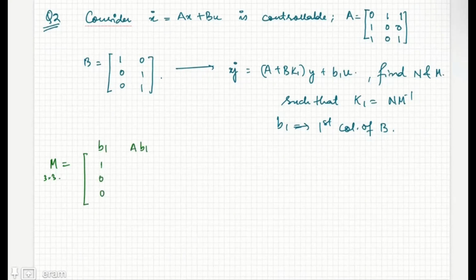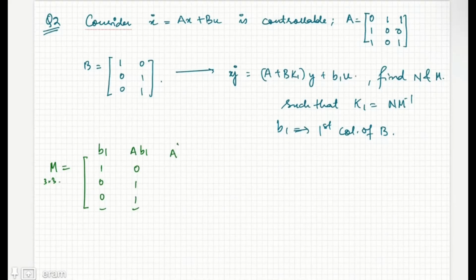Second is AB1, which will be 0 1 1, and these two columns are linearly independent. And then let's check A squared B1, so it is 2 0 1. So obviously all these three columns are linearly independent, so this is the M that we can consider.